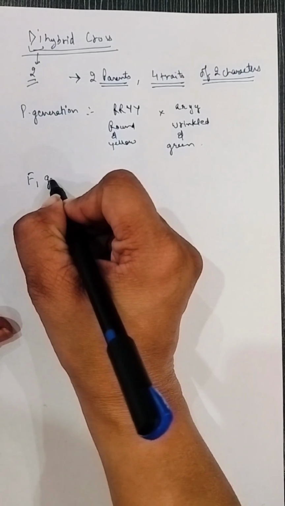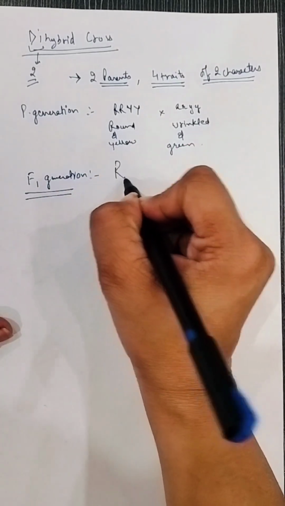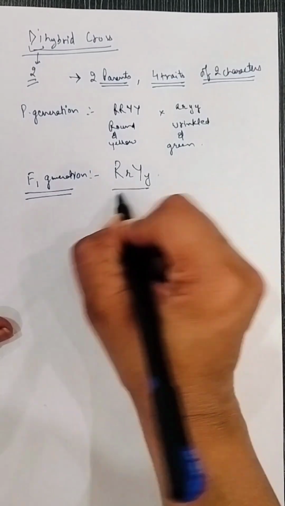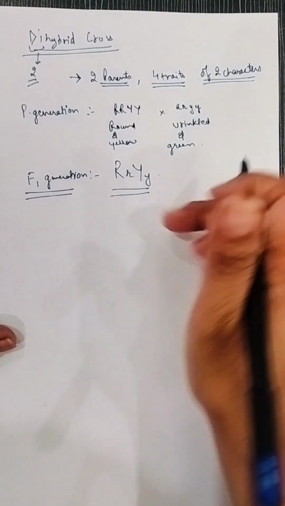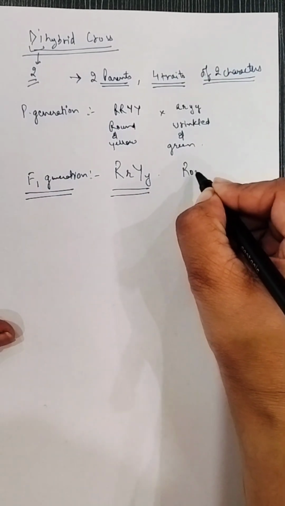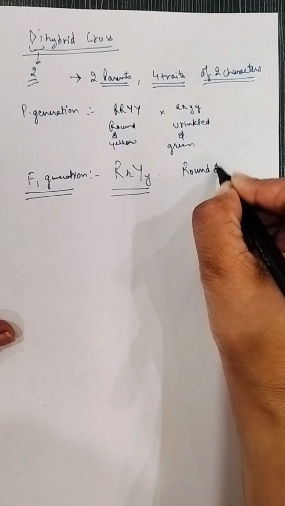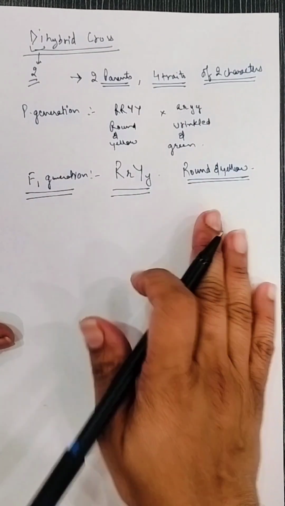Now the F1 generation is always a mixture of parental generation, and in all the members of F1 generation we are going to get this type of recombination of alleles. So all the F1 generation will be round and yellow because of the law of dominance here.